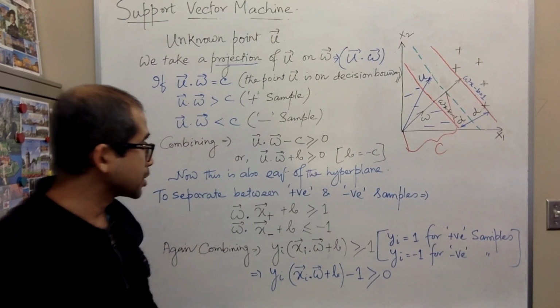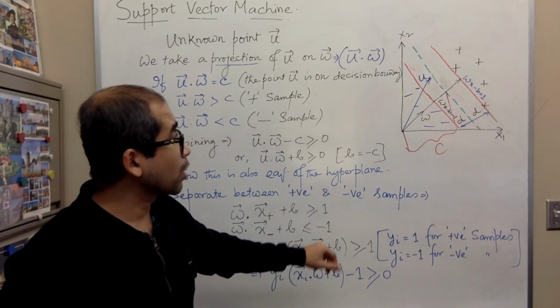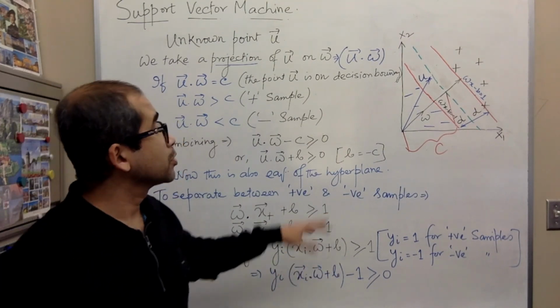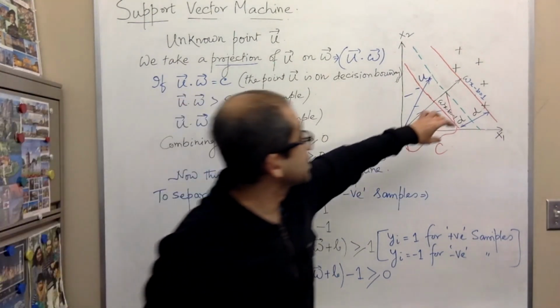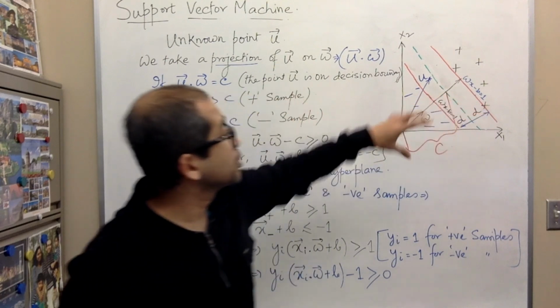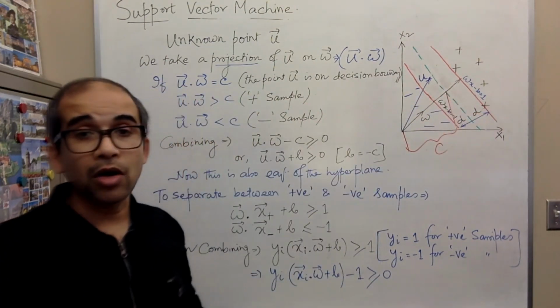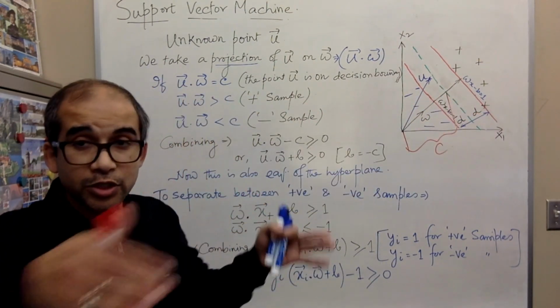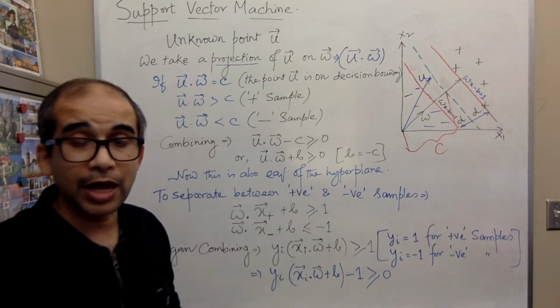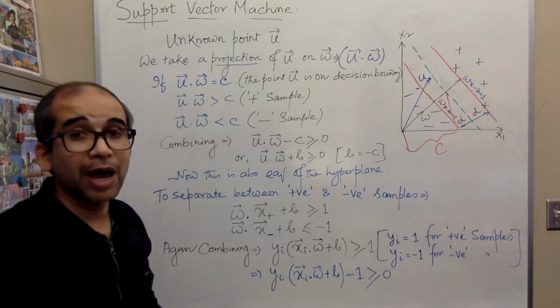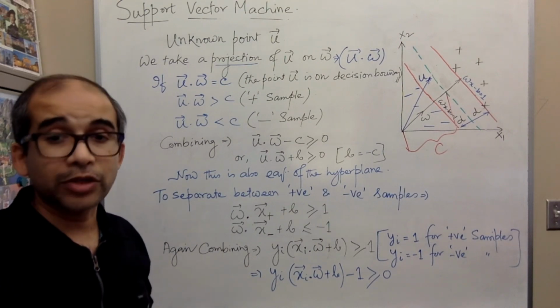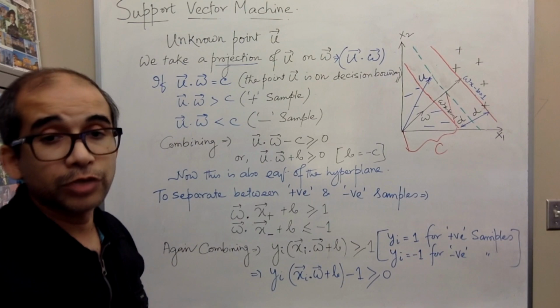We want them to be easily classified as positive or negative samples. That's why the margin between these two red lines, or the width of this street marked by the two red lines, we want to make bigger and bigger. So it's maximizing the width, and it's a convex optimization problem which I'll be introducing soon.